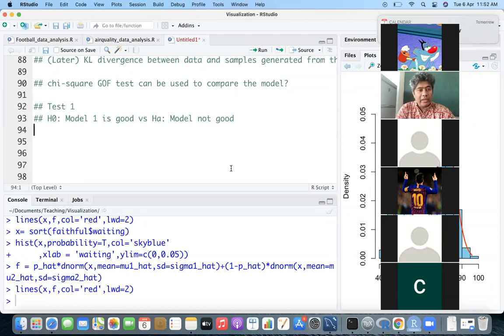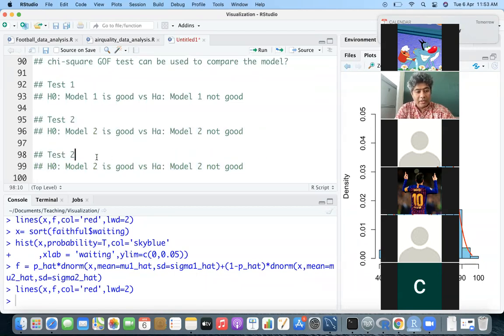Then you do another test: model 2 is good versus model 2 is not good. Similarly, you can do a third test: model 3 is good, model 3 is not good.